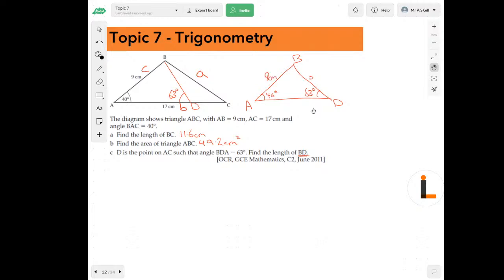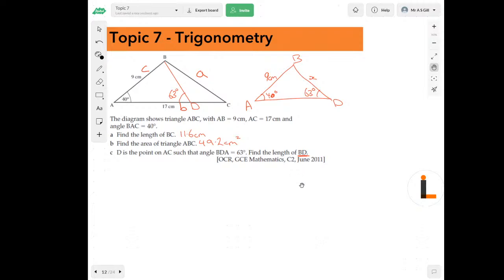And then we're being asked to work out this length here, BD. So now we should see that actually this is now significantly more straightforward question than it initially looks like when it's worded like this.